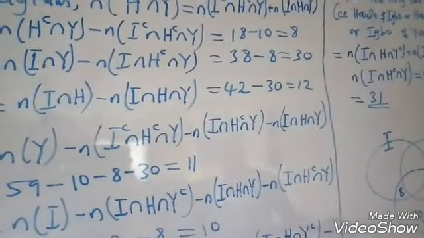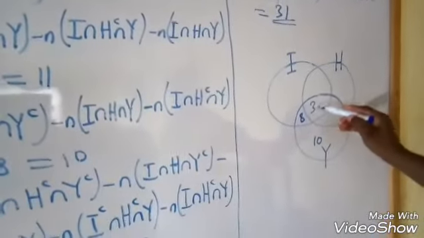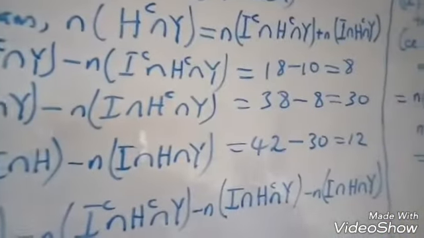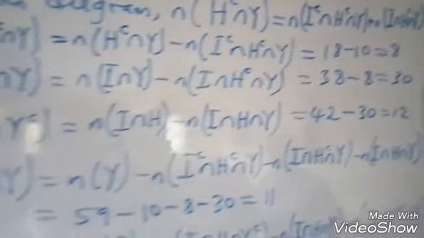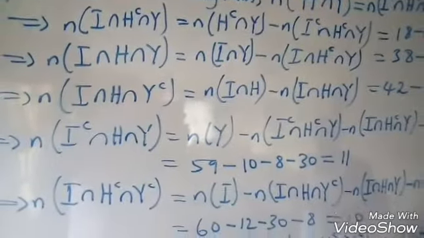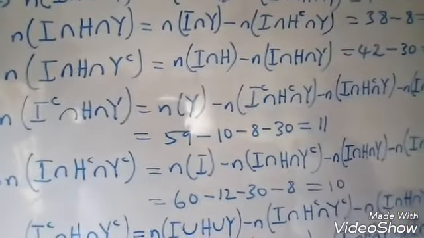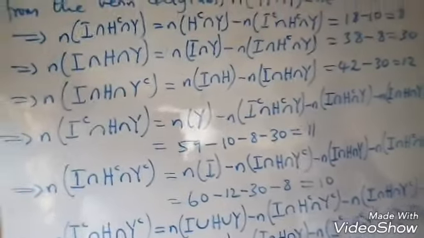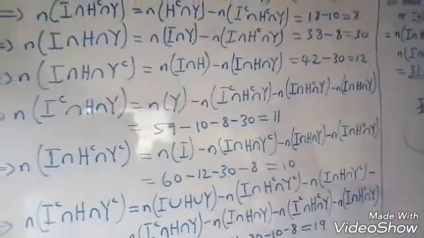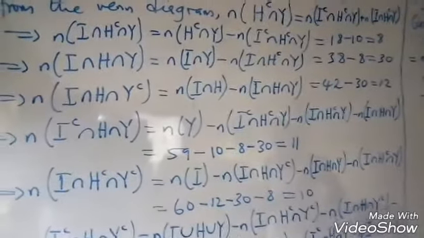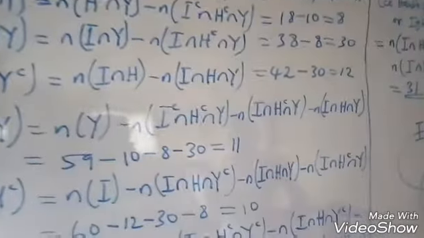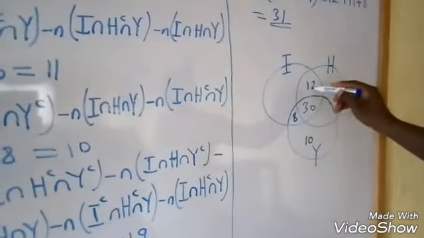So that this one is 30. From that same Venn diagram, I and H only, this region, which I call I intersection H intersection Y complement, is equal to the whole of this, I intersection H, minus this, I intersection H intersection Y, which is 42 minus 30. That gives us 12. So this one alone is 12.